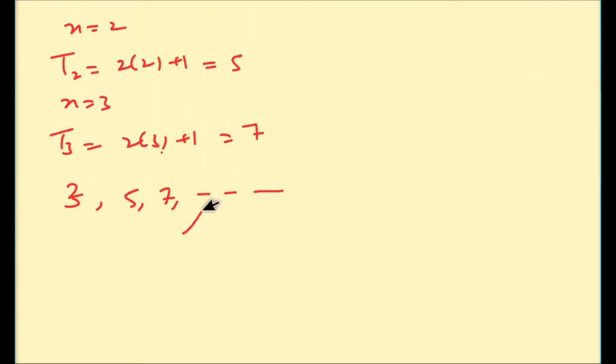This is the series. Okay, 3, 5, 7. In any series, if you write the answer, you should always use 3 or more than 3 terms. You should not give the answer in only 2 terms. Right? Okay, student.